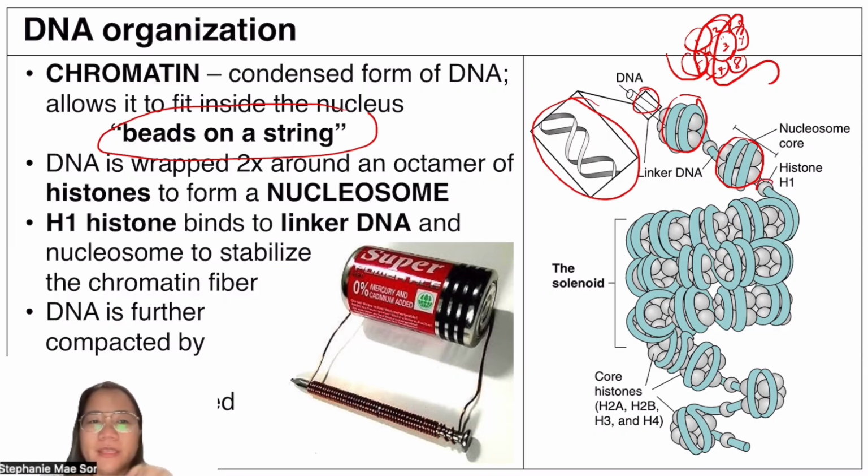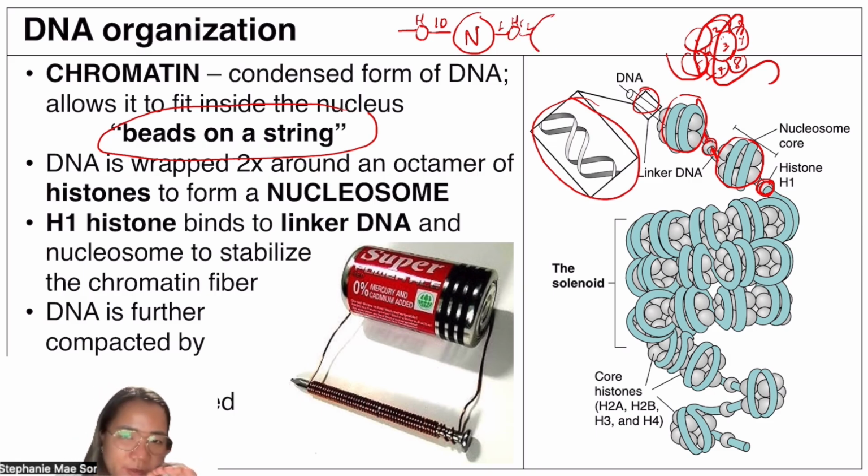Okay? Next, another molecule called your histone H1 binds to what you call the linker DNA. So, yung linker DNA yung nagli-link ng DNA molecule mo as well as your H1 histone. So, your H1 histone will bind to the linker DNA as well as your nucleosome core in order to stabilize the chromatin fiber.